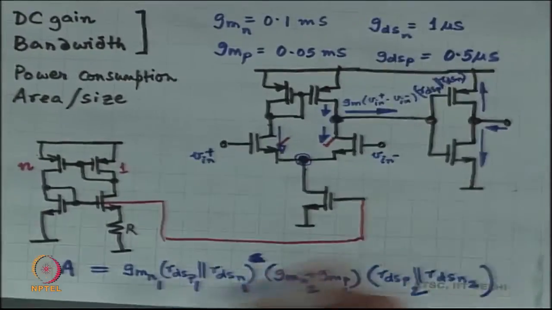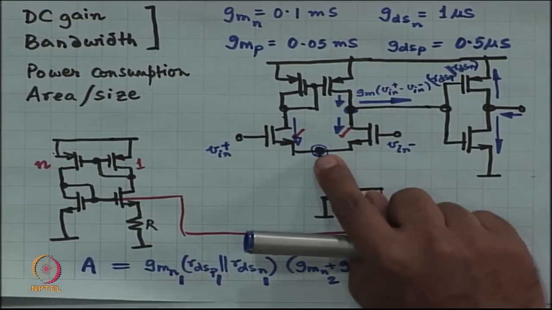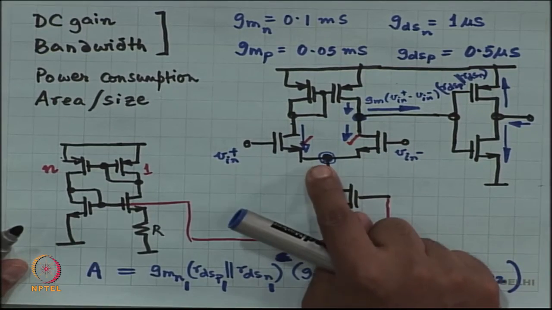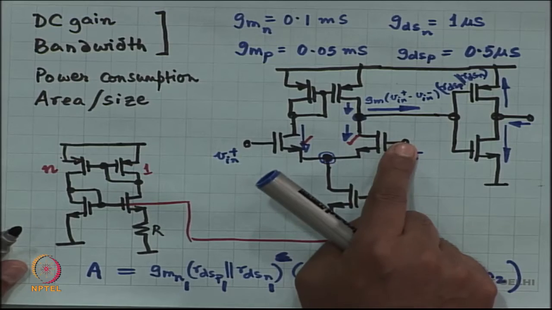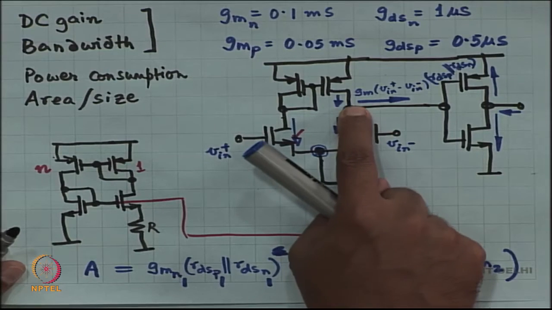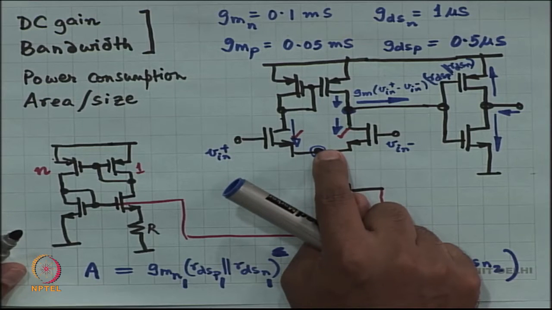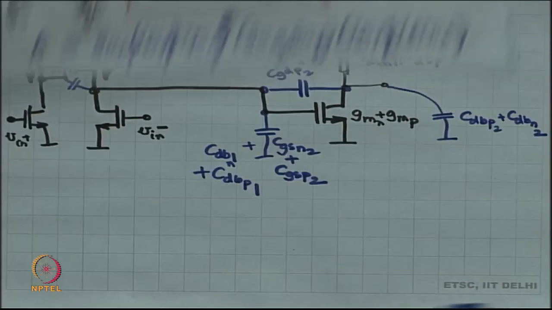Okay. Then for the NMOS, we have gate to source, we have gate to drain, we have source to body which is irrelevant, assuming this is at ground already, and drain to body we have already accounted for.